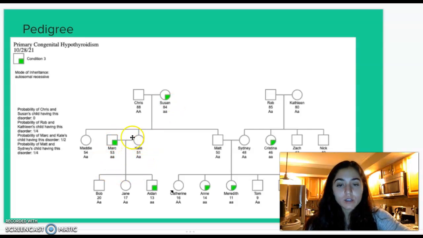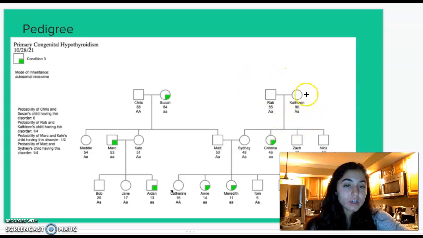So we can see here that this carrier did marry a person afflicted with this disorder, and there we see that the disease has passed on to one of the offspring. In this area, we see two carriers that have 4 offspring.